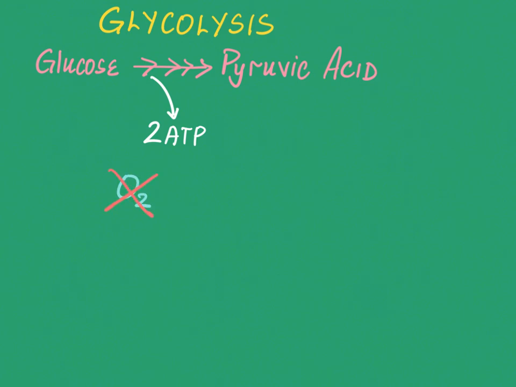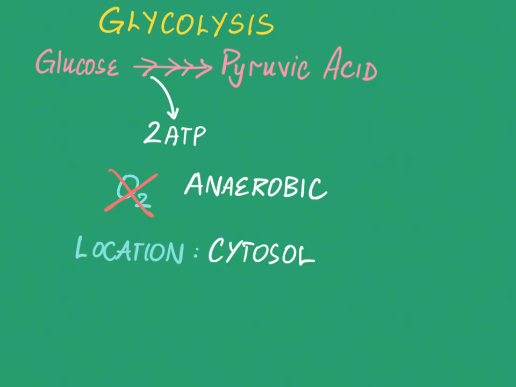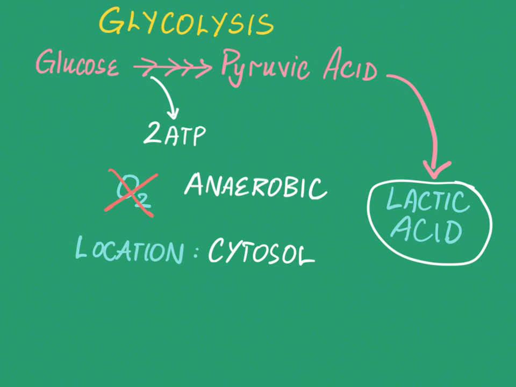It occurs in the absence of oxygen, and so we say that it is anaerobic. The location of glycolysis is in the cytosol of the cell. If no oxygen is available, then the pyruvic acid becomes lactic acid, which tends to accumulate in our muscles and makes them feel sore.